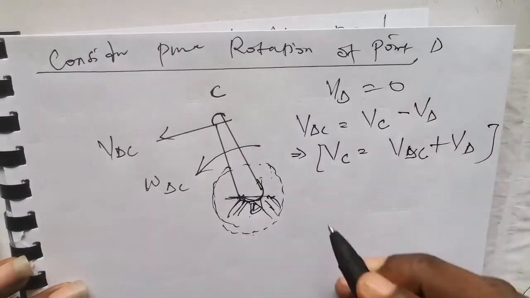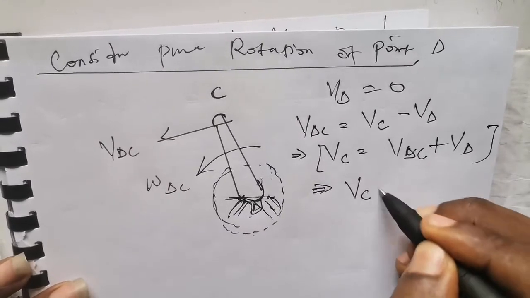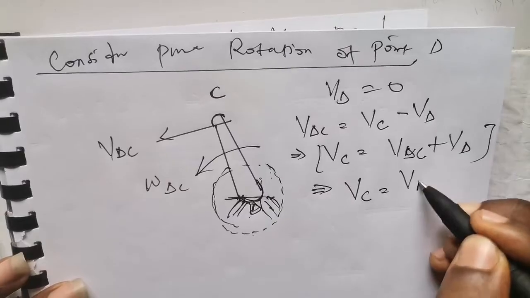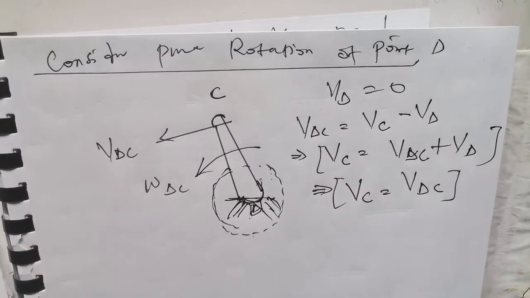And if Vd is 0, this simply implies, putting that into this equation, that Vc is actually Vdc. All right, so our velocity at point C is equal to the relative velocity between point D and point C. What now is the relative velocity between point D and point C?